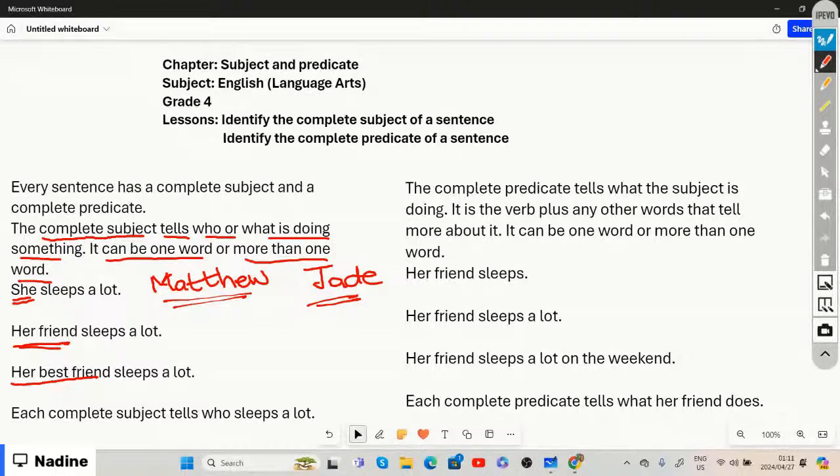And then we have a predicate, right? And a complete predicate tells us what the subject is doing. And a complete predicate or predicate is a verb plus any other word that tells us more about it.